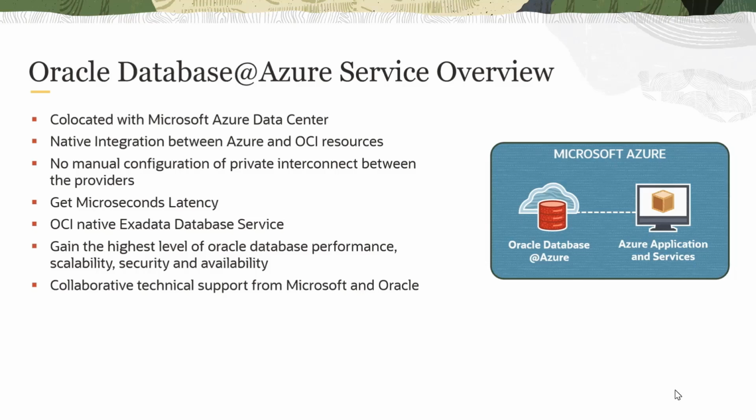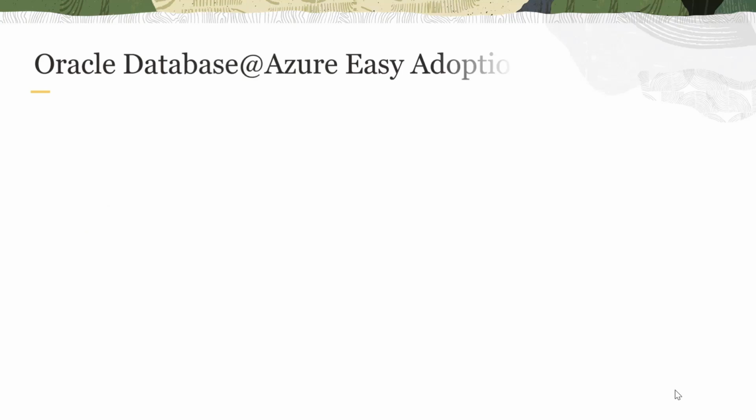For example, any issues related to the database and OCI tenancy will be resolved by Oracle support team, and for issues on Azure VNet, Bastions, VMs, or Azure monitoring service, this will be resolved by Azure support team. Let's check at a high level the different phases that you would pass through while working with the Oracle Database at Azure service.